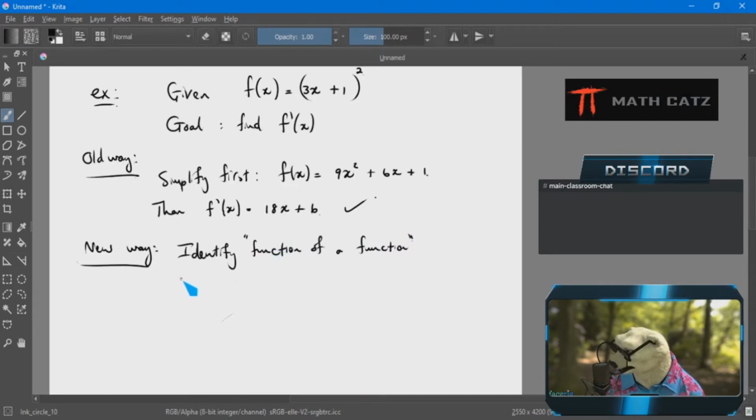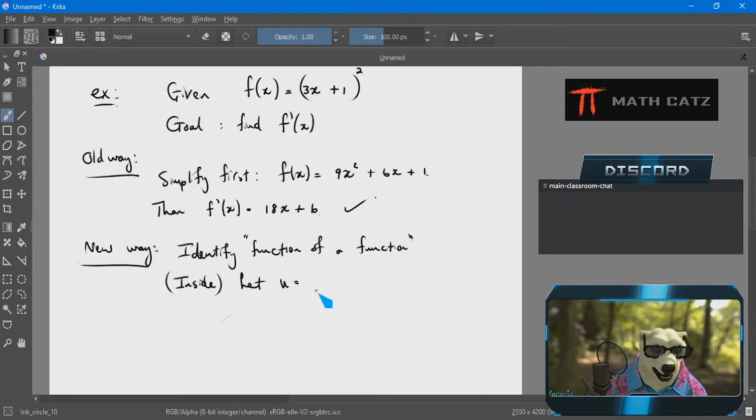And that means I want to know what is my, it really doesn't matter. I think we wrote it the other way around. No, we started with the inside function. Inside function, that we'll call u, for no reason whatsoever.